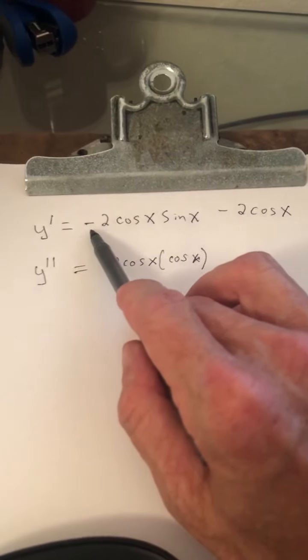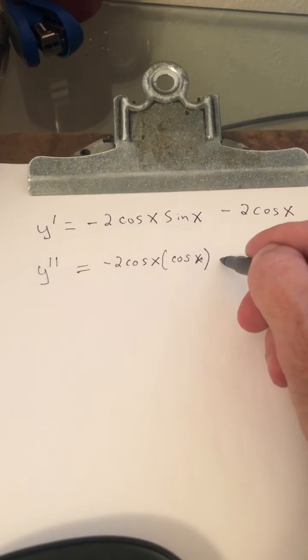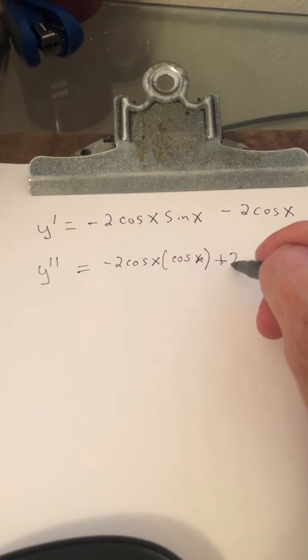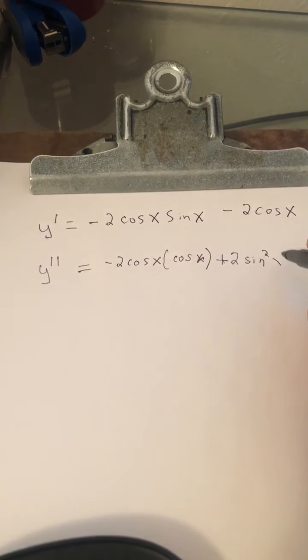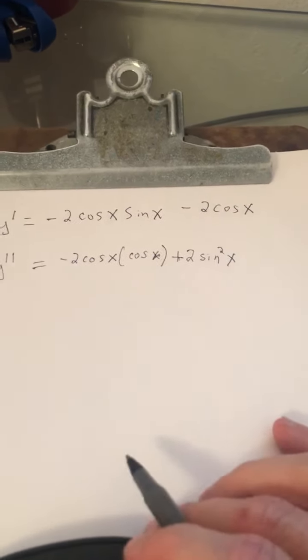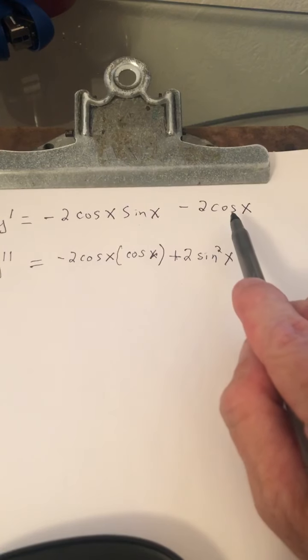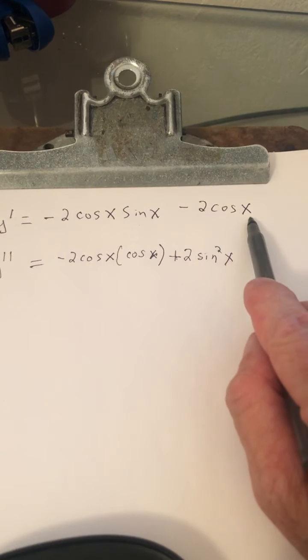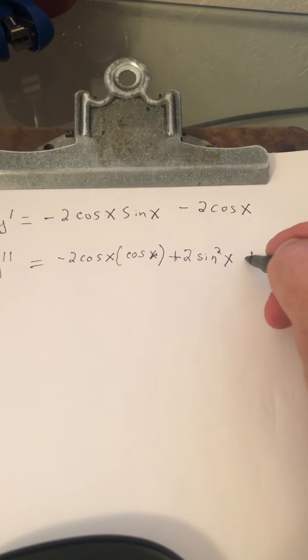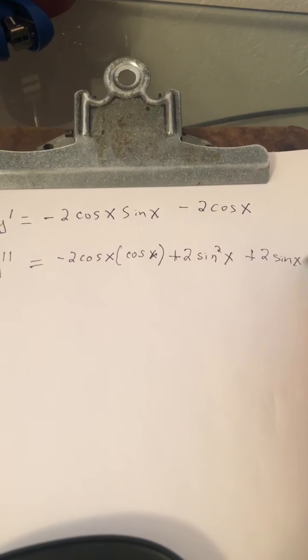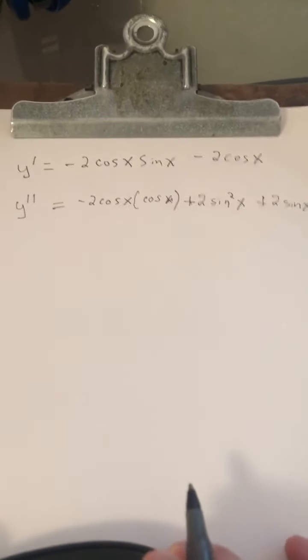But I already had a negative sign here, so my next term is going to be plus 2 sine squared of x. And again, the derivative of cosine is negative sine, so the derivative of negative 2 cosine of x is plus 2 sine of x. So we found the second derivative.